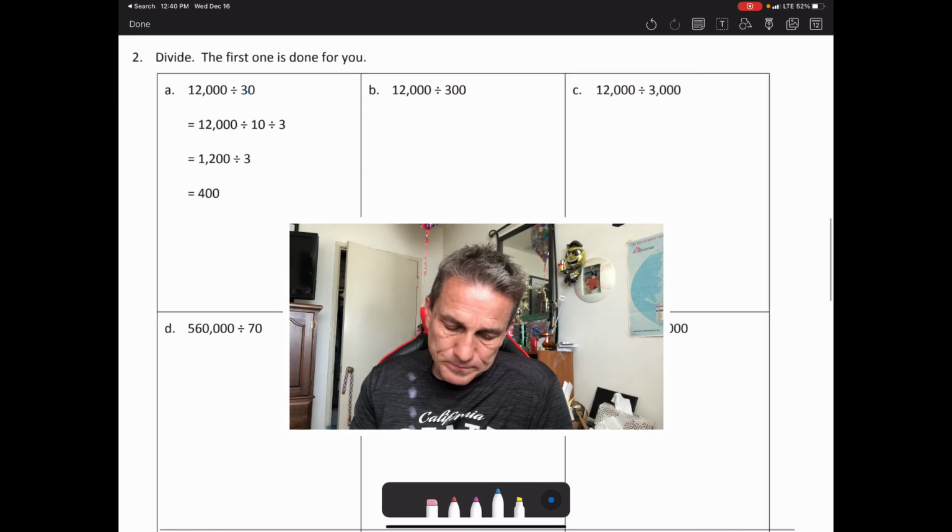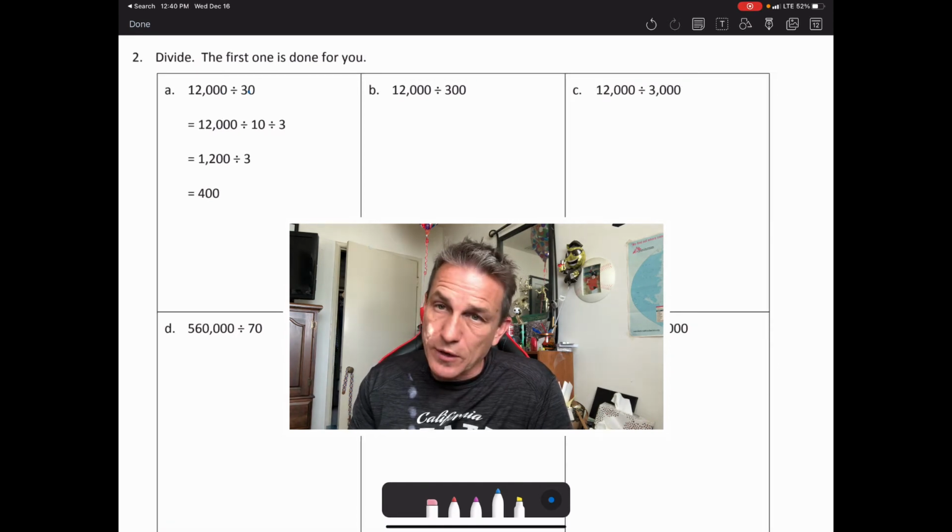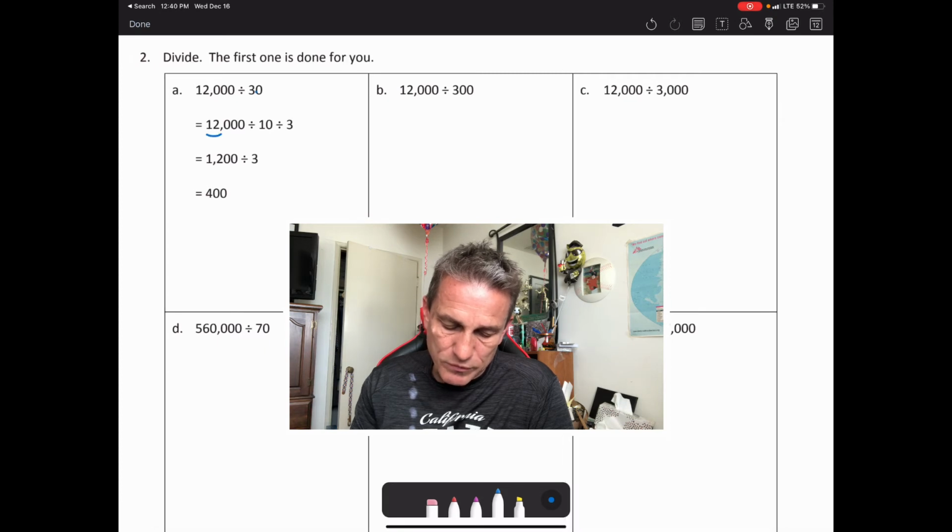So we can do that first, which will take care of how many zeros we're going to take away. And then we're just going to divide the rest of it by 3. So you can see they took 12,000, divided it by 10 first. That got rid of one of the zeros. See, because it's 12 divided by 1, there's 12.